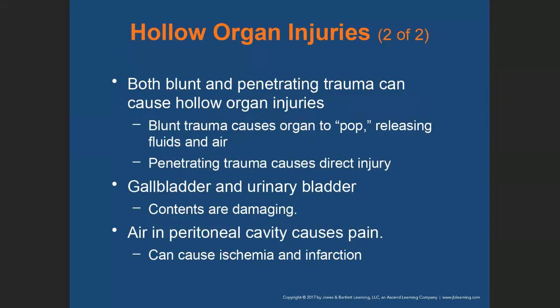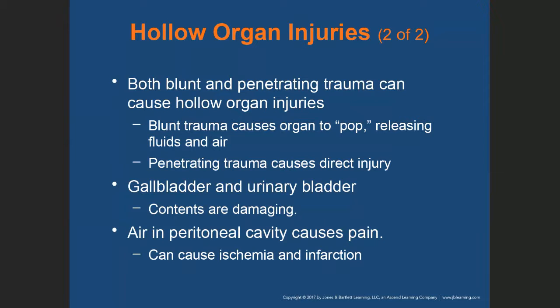Both blunt and penetrating trauma can cause hollow organ injuries. Blunt trauma causes the organ to pop, releasing fluids and air. Penetrating trauma causes direct injury. The gallbladder and urinary bladder can also be damaged.